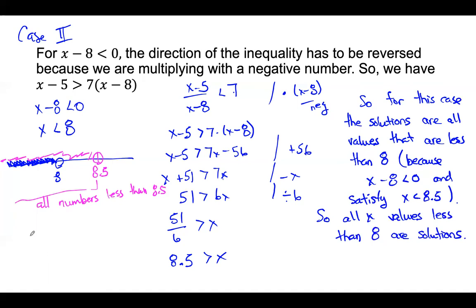So combining the two conditions here, we see that all x less than 8 are solutions. So all x values less than 8 are the actual solutions. This part.